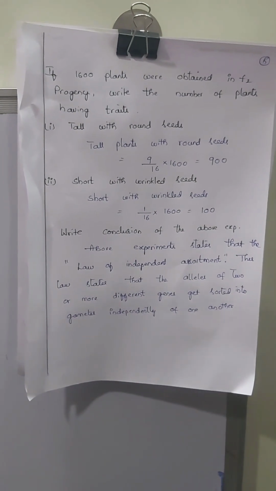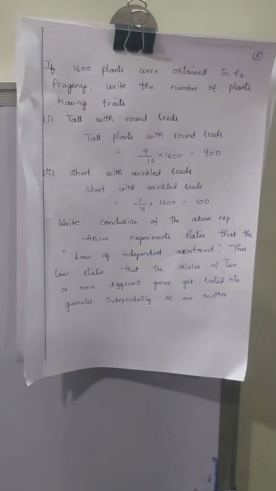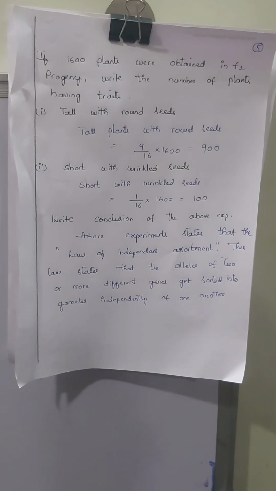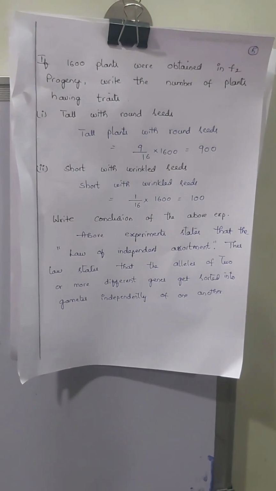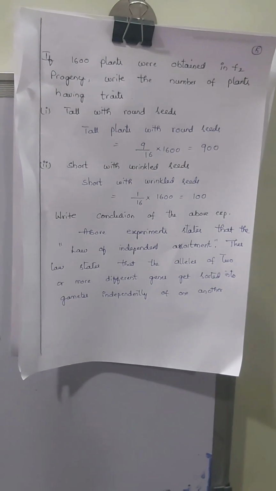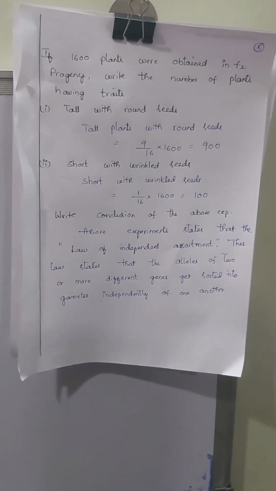Short with wrinkled, in the same way, we get 100 plants. The conclusion of the experiment is the law of independent assortment. This law states that alleles of two or more different genes get sorted into gametes independently of one another.